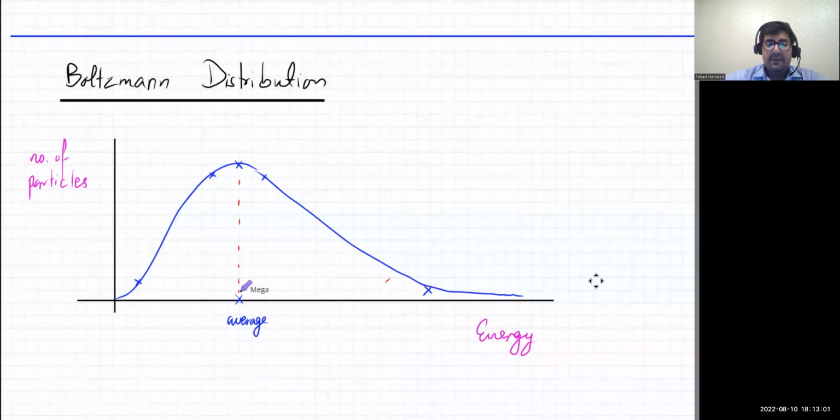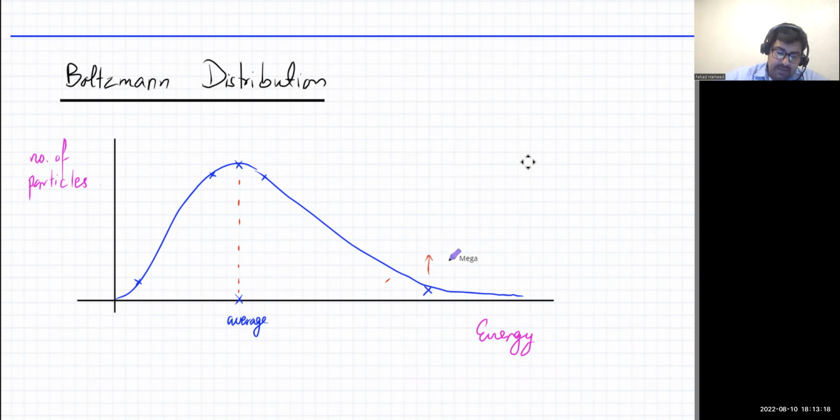So what will happen if you increase the temperature of the container or the room? If you increase temperature, the number of particles having higher energy is going to increase, because now you have a higher temperature. At higher energies, you have more particles now, and at lower energies, you'll have fewer particles now.